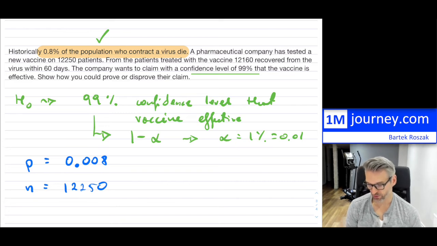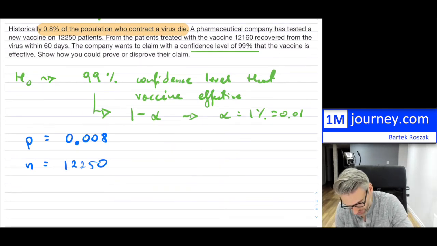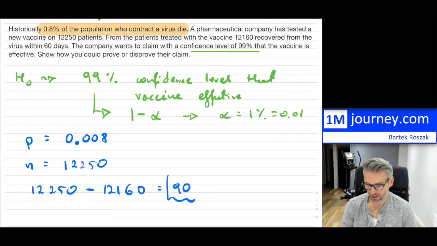What I want to be able to do is say, if I took this many patients and they weren't treated at all, so there was no vaccine, what's the probability that I would have, in this case, 12,250, that's the total, minus 12,160, so the difference between them is about 90 of them actually not recovering, so passing away.